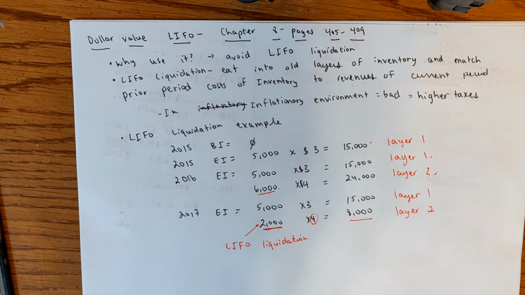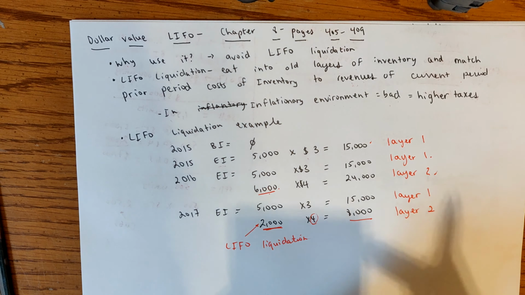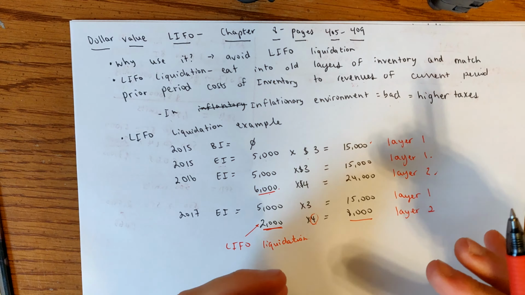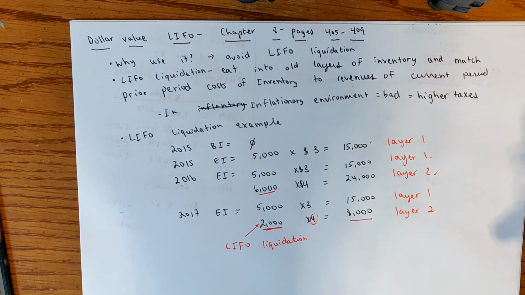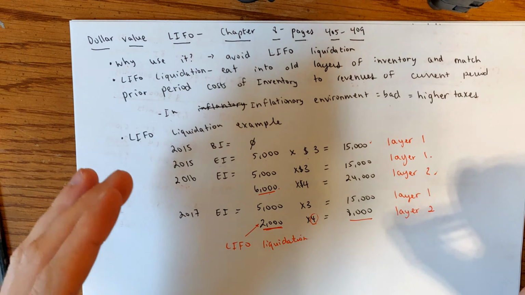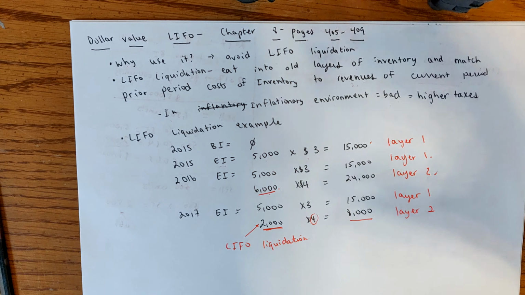And then the last thing really quickly, the reason that we can avoid these LIFO liquidations is because we use these things called pools of inventory for LIFO. And what happens is when we use dollar value LIFO, we're allowed to put more different items in those pools versus if you have specific identification LIFO, okay?